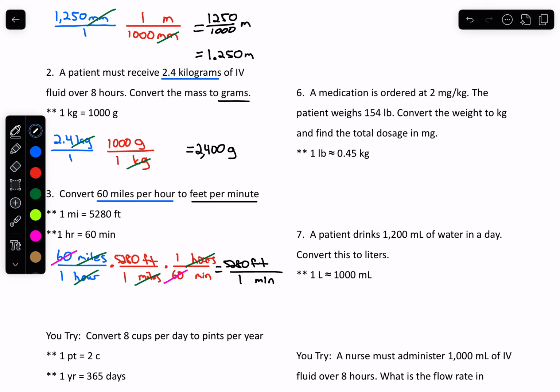And if you're not sure if that actually checks out, like that might feel strange, well, let's think about the fact that 60 miles in 1 hour, that's 1 mile per minute, right? Because 60 miles in 1 hour, an hour is 60 minutes, so this is 1 mile per minute. So over here, my answer should also be equivalent to 1 mile per minute. And notice I have 1 minute on bottom, and on top, 5280 feet is equivalent to 1 mile.